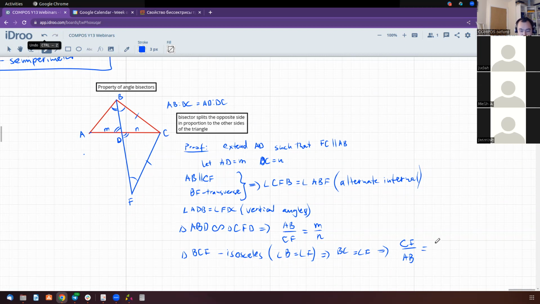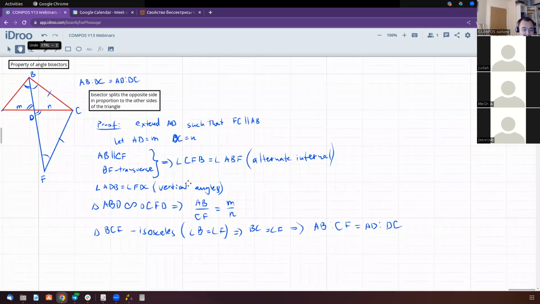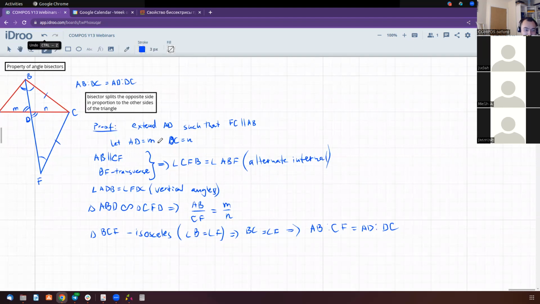Now AB to CF is equal to AD to DC. But CF is equal to BC.